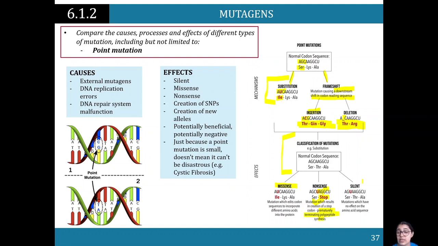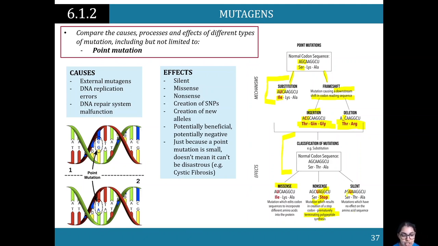A silent mutation, on the other hand, is when, luckily, there has been a change here, but if you look at the amino acid table, you'll see that there can be a variation of anticodon sequences that lead to the production of one amino acid.